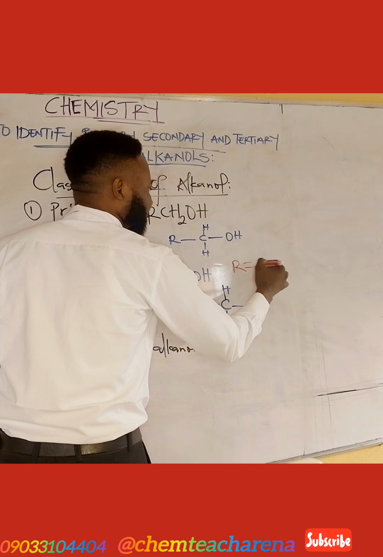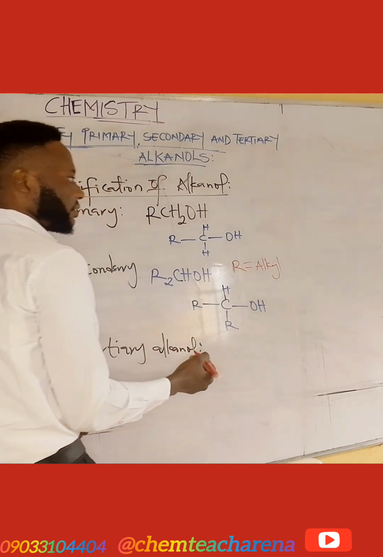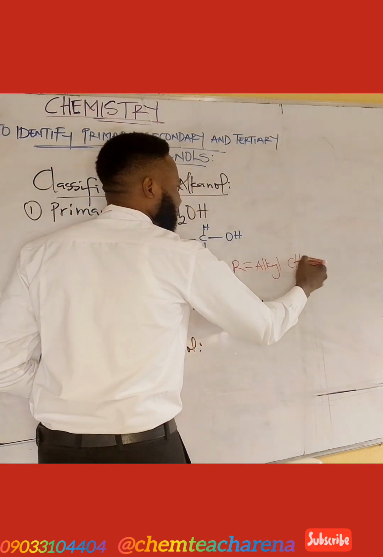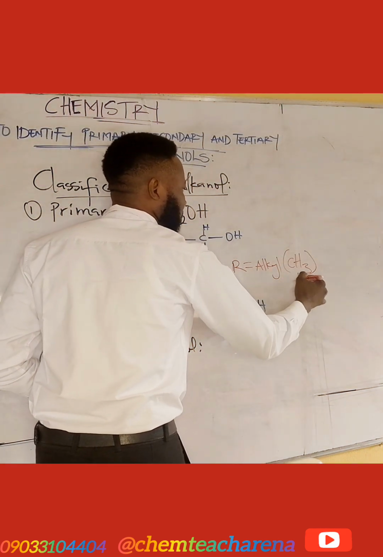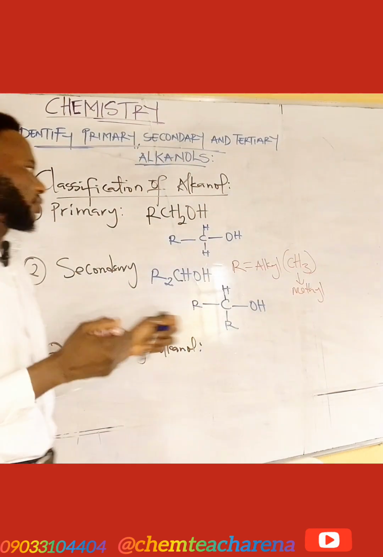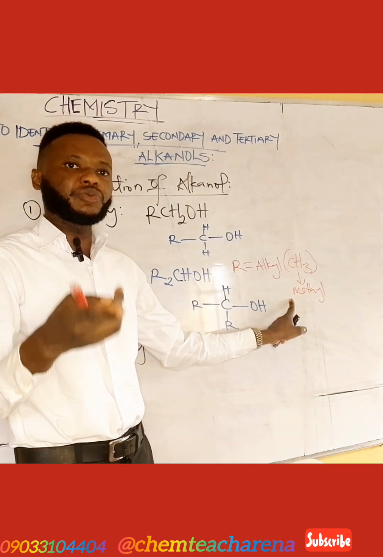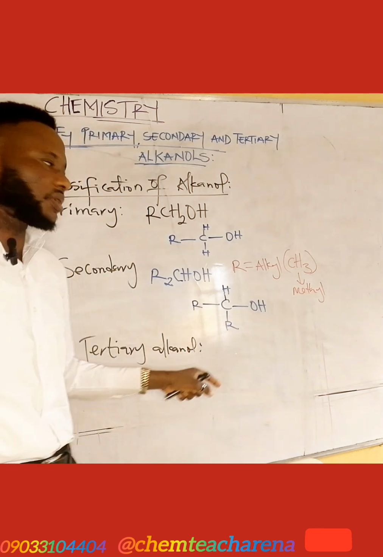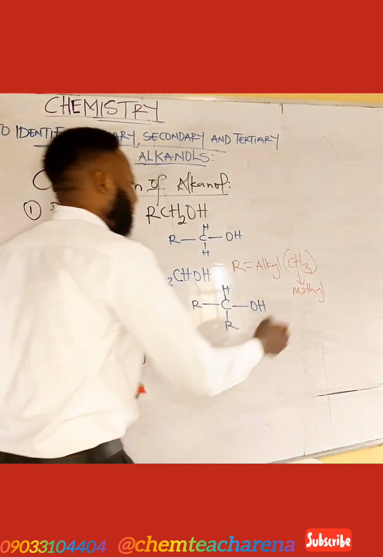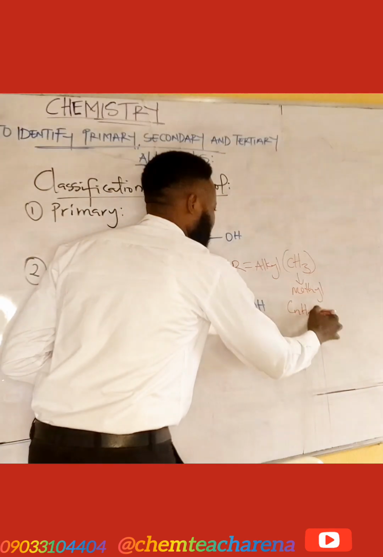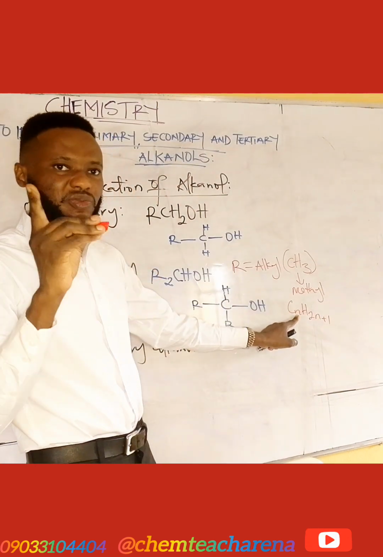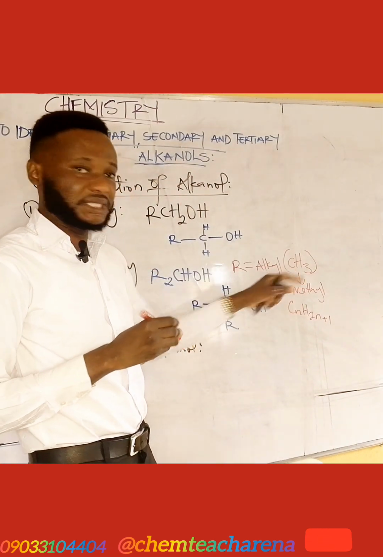Anywhere you see R, it is an alkyl. The simplest alkyl is CH3, which is methyl. So we have methyl, ethyl, propyl, butyl, pentyl, hexyl, continuing like that. What is the general molecular formula for alkyl? Alkyl has CnH2n+1. If we substitute n equals 1 in this formula, we get CH3.